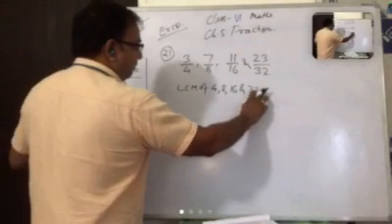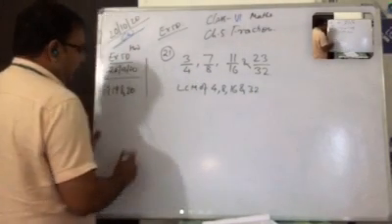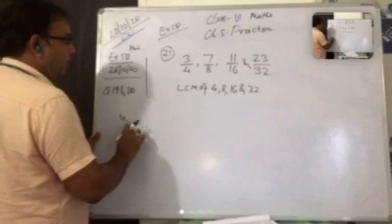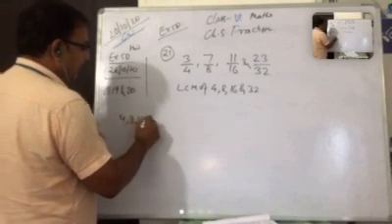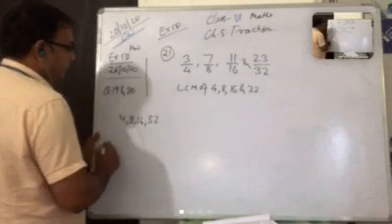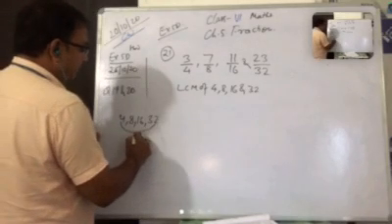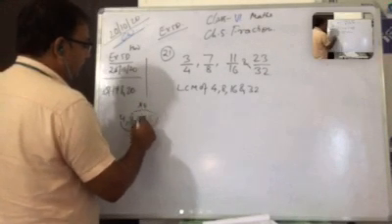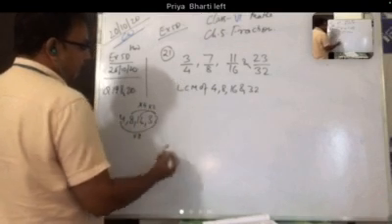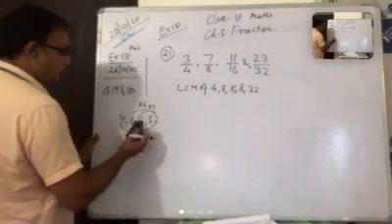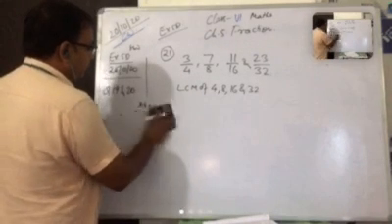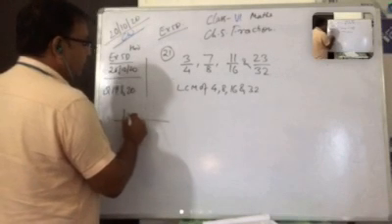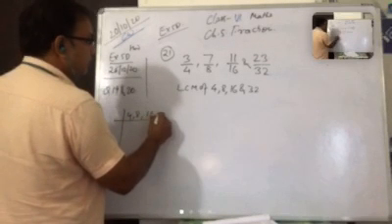I think the LCM is 32. 4, 8, 16, 32. Because 4 eights are 32, 8 fours are 32, 16 twos are 32. If you want to check, you can check by doing LCM of 4, 8, 16 and 32.